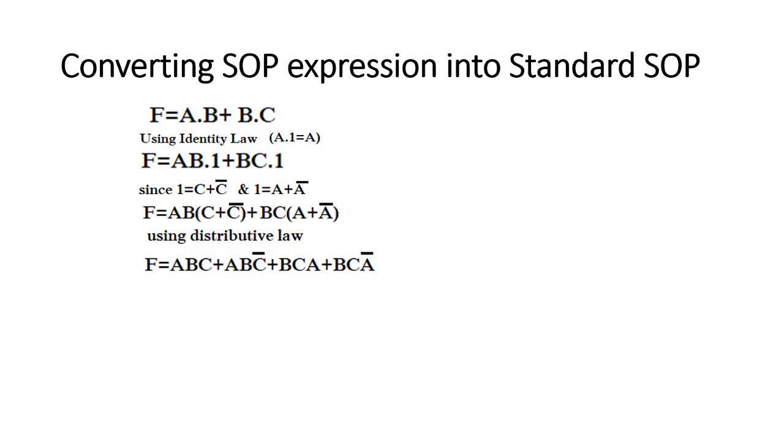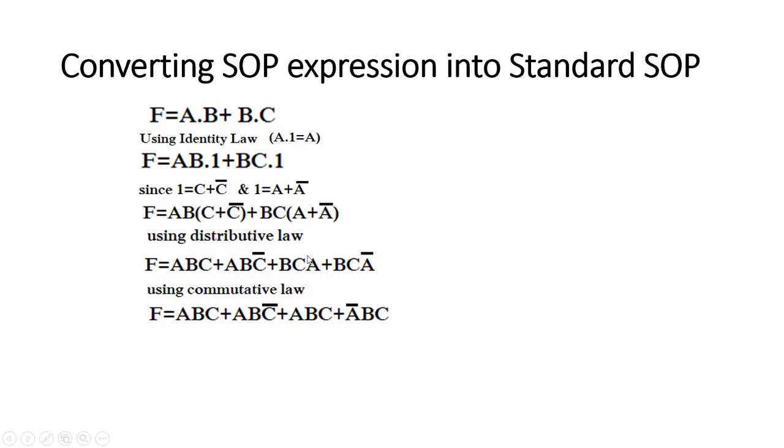Commutative law is that AB equals BA, right? So using the commutative law, rewrite these two terms in ABC order and these two terms in ABC order.